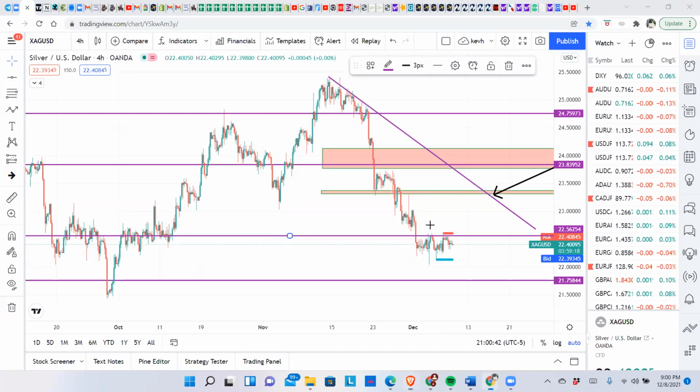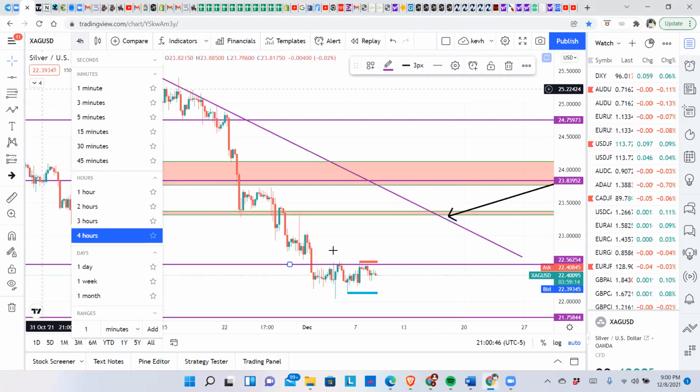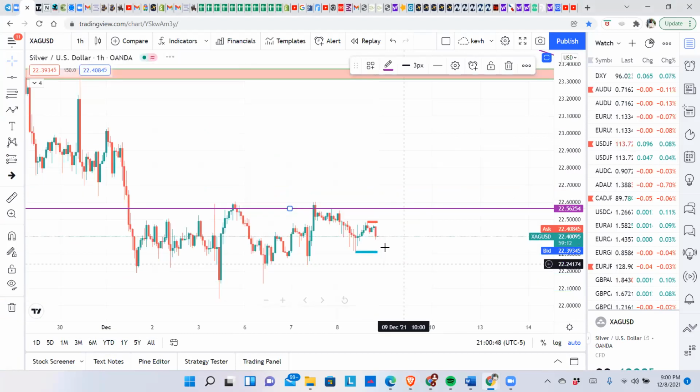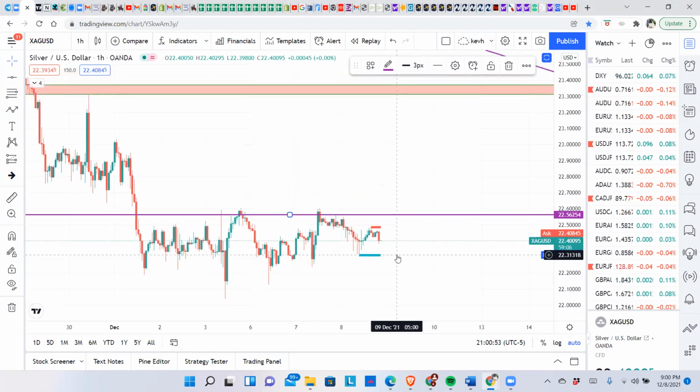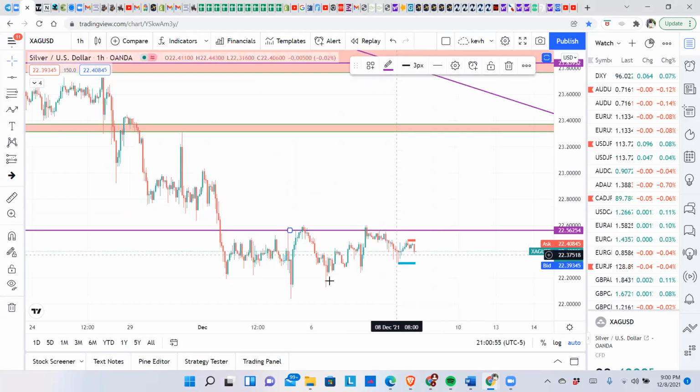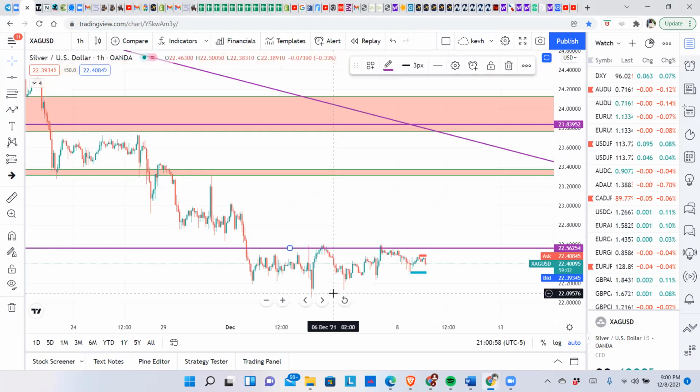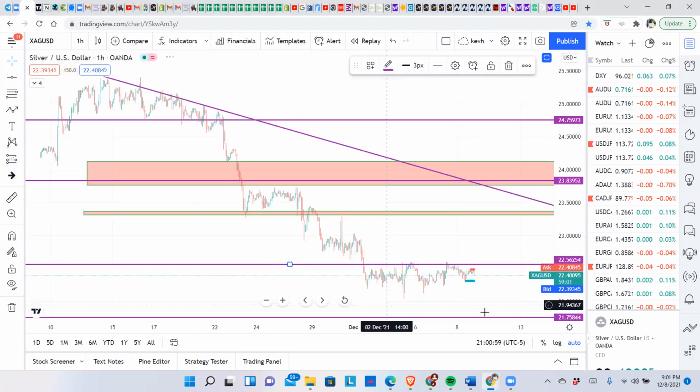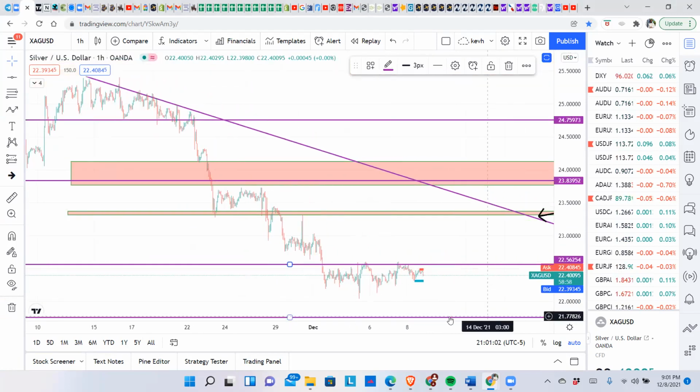So 2186. We come here on the 1 hour. Okay, so yeah, 2186, then the market to push up, which is not that far. Oh, it's all the way down here on this next level on the 1 hour.